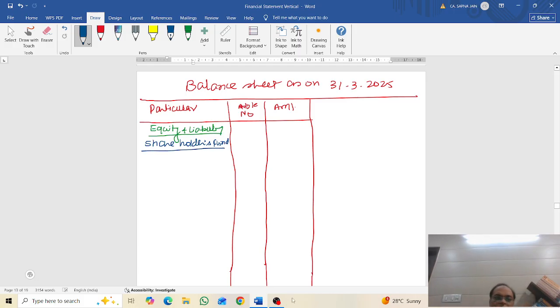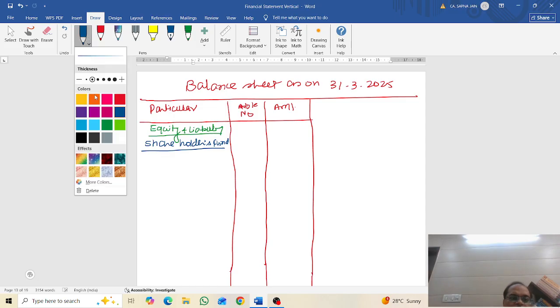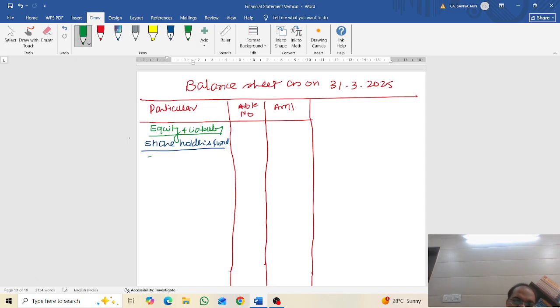Under the shareholder fund, the first item is share capital. And how much share capital? 25 lakh rupees is the share capital given in the question.